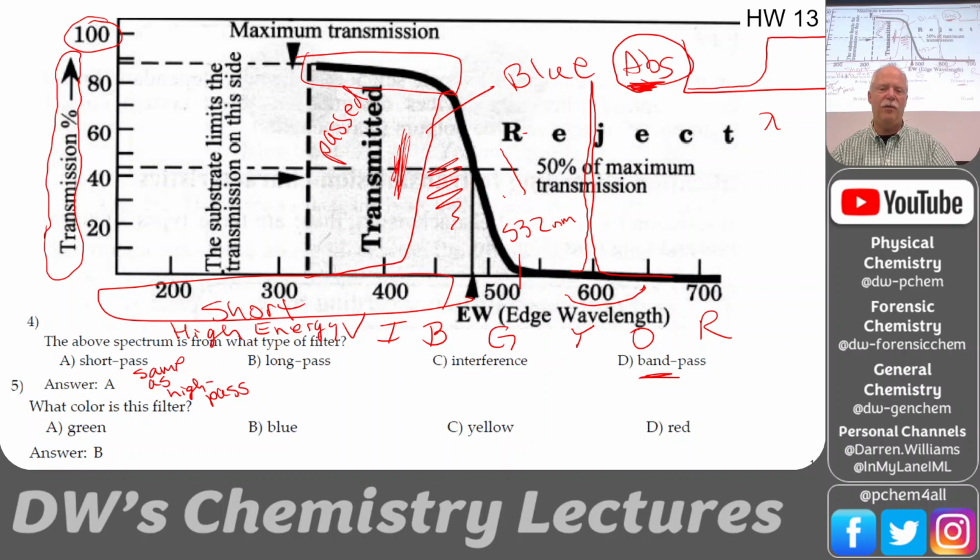red. Now, what if we had the opposite of this? If this came up and it went like this, we're getting red and orange and yellow. If you get all three of these, you see the shortest wavelength one. You see yellow.